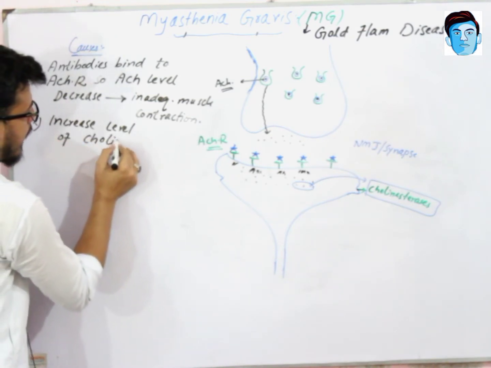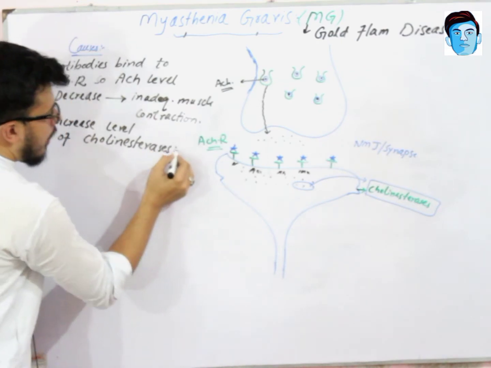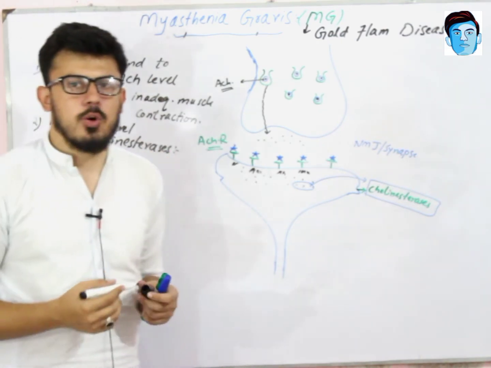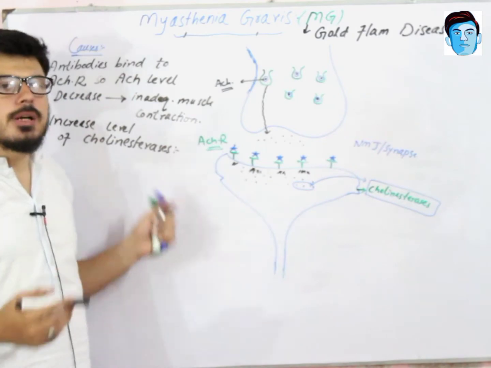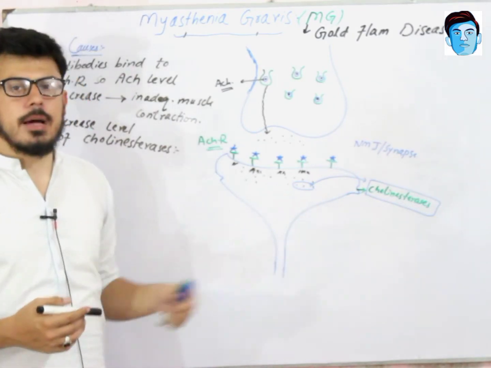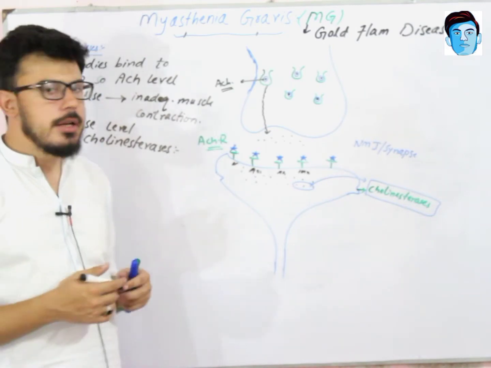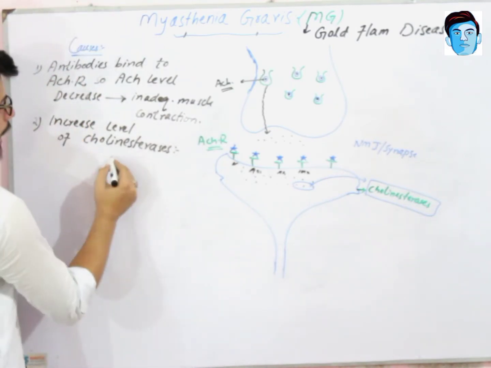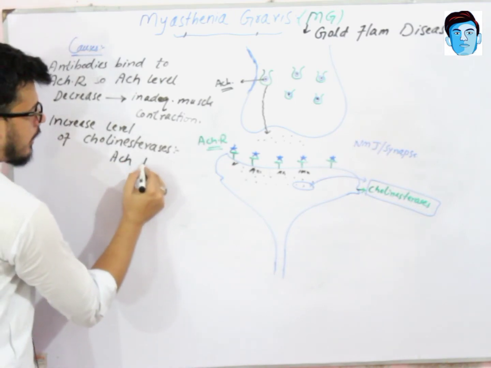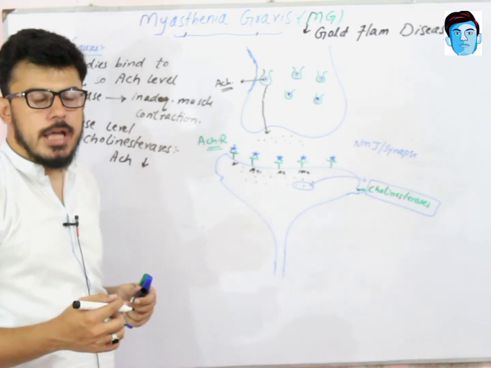As I told you earlier, cholinesterases are the inhibitory site for acetylcholine, meaning they inhibit acetylcholine. If more cholinesterases are present, they will inhibit a larger number of acetylcholine molecules. So the acetylcholine level ultimately decreases, and again there will be inadequate muscle contraction.